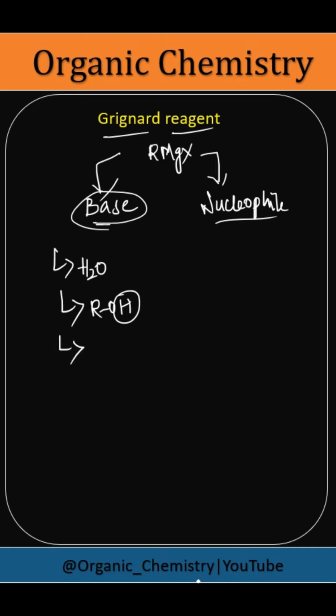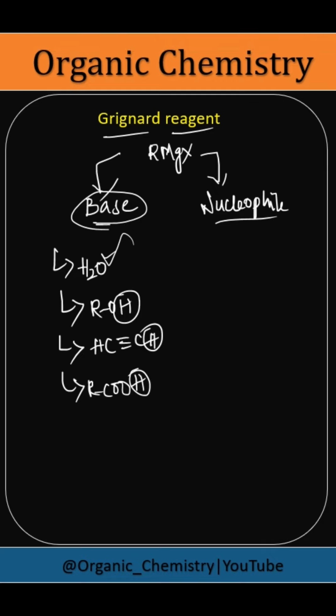In the case of a terminal alkyne, HC triple bond CH, this is also an acidic proton. And in a carboxylic acid, RC double bond OH, this is also an acidic proton. These are a few examples that I have given. In these cases, the Grignard reagent acts like a base and it will abstract the acidic proton, alright?